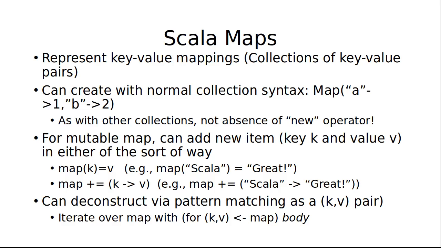And we can loop over the elements of it in a syntax like this, where we successively extract the pairs. For immutable versions of maps, we can add new keys by appending and get back a new map.